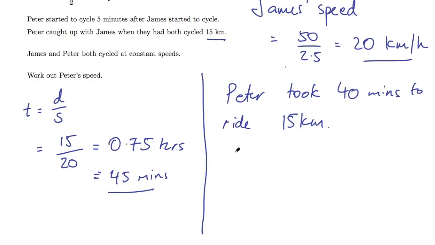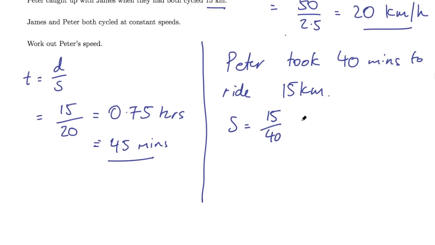So we can say that the speed equals the distance over time, so 15 over 40. However, this is in minutes, and this is where it gets a little bit tricky to calculate, because obviously this is a non-calculator paper. So we need to change that into kilometers per hour. The way that I did this is that I changed 40 minutes. If we divide that by 60, that changes it into hours, and if you simplify that, it becomes 2/3.